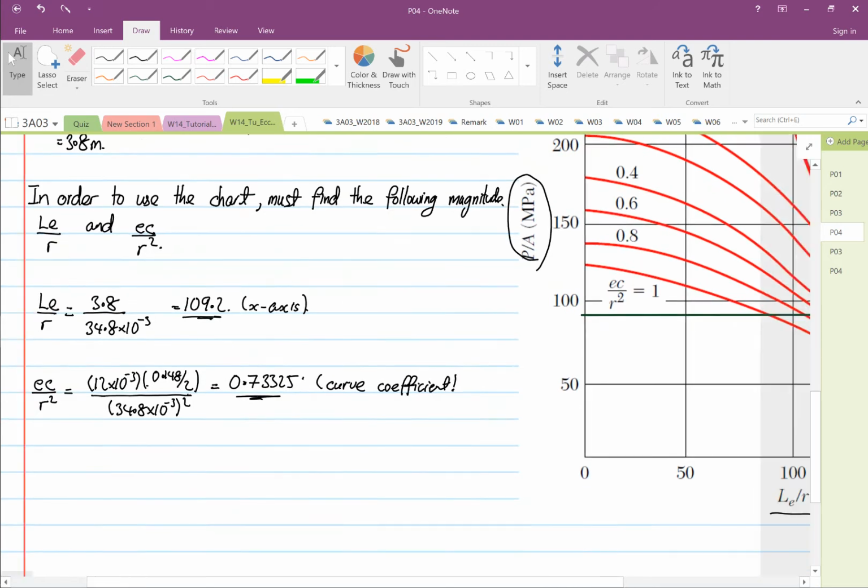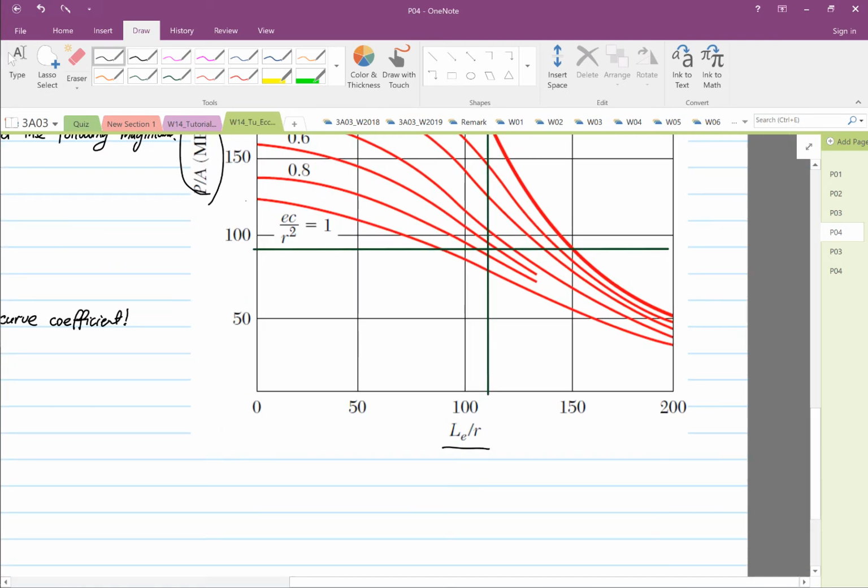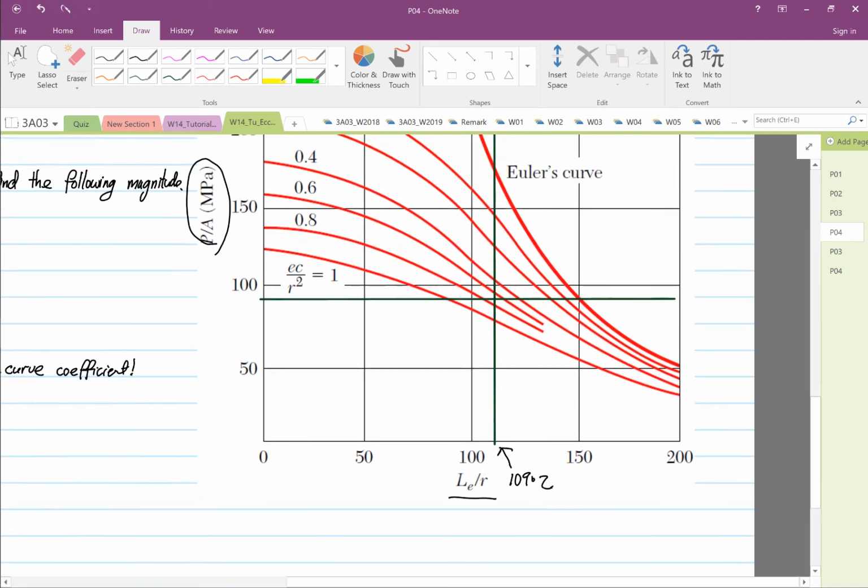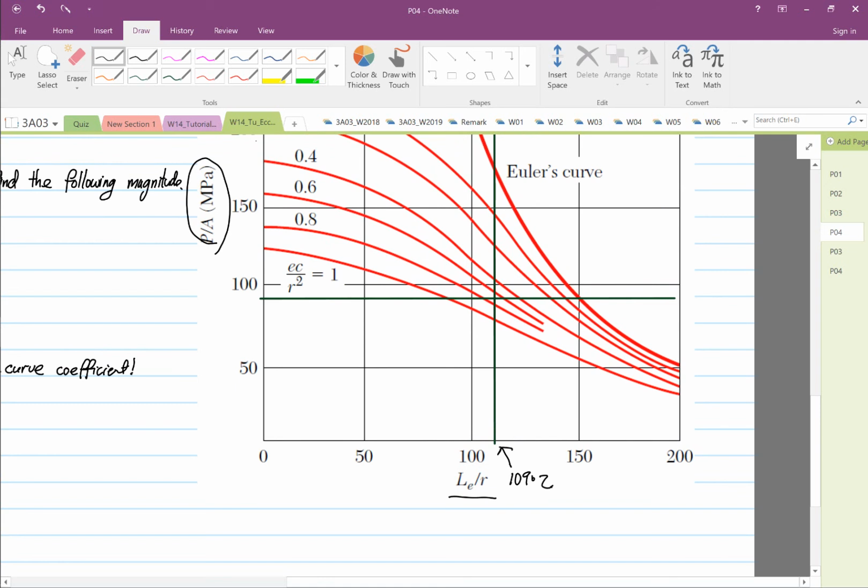So what we do now is draw a line at 109.2, just eyeballing it. Over here, this line corresponds to our 0.6, and this line over here is 0.8. So I eyeball the cross based on Le over r and based on the curve.